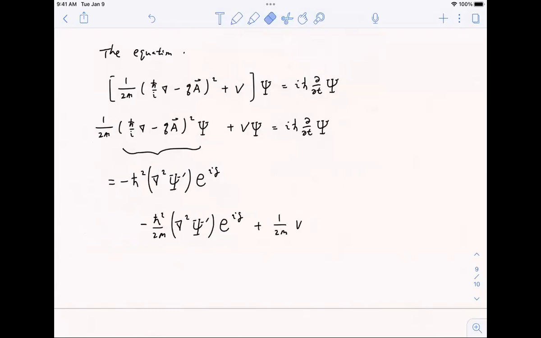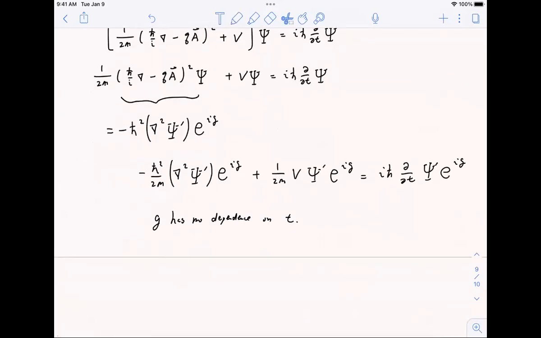This one, you can also write it out as, okay, you need to know G has no dependence on time.